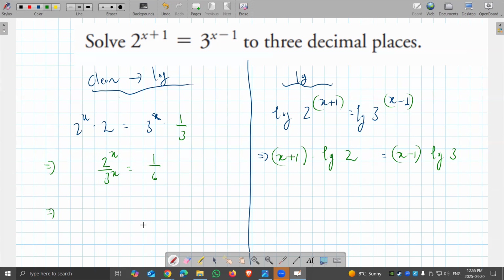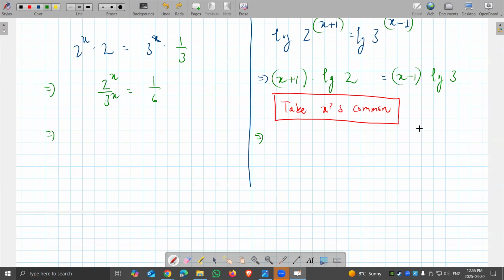You with me so far? Then what you want to do on this side, you have to take x as common, which is more difficult than it sounds, because there's an x here and an x here. Somehow both of these x's have to be on the same side of the equation. The only way to do that is by opening that bracket.